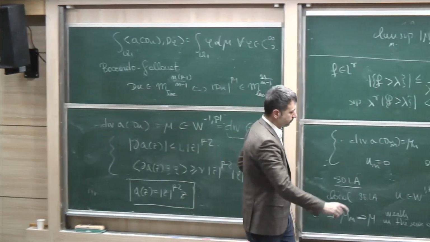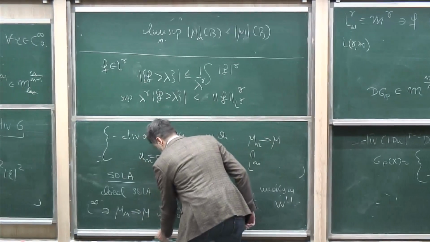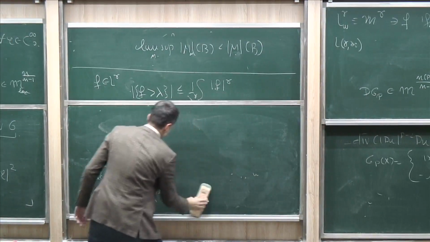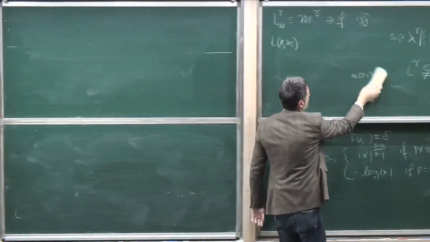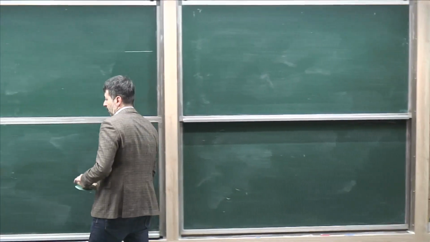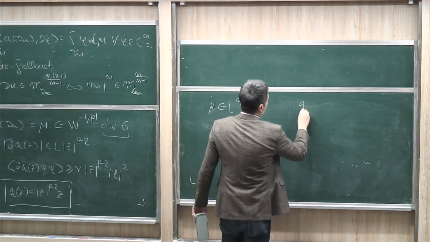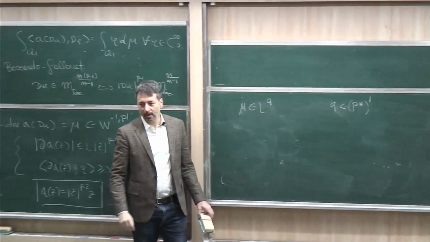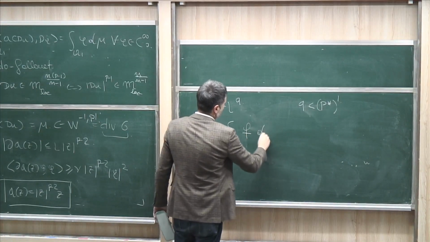So in particular, you know that if the right-hand side is not only a measure, it's a function, if the right-hand side is a measure, not a function, then the big spaces you want to work with is the condition that this belongs to L^q when q is less than p star prime, because you know the Sobolev duality, where this acts against Sobolev functions.